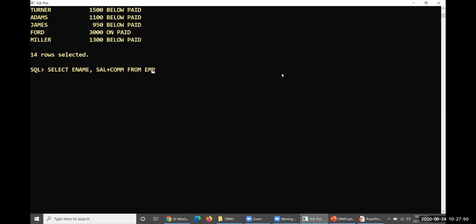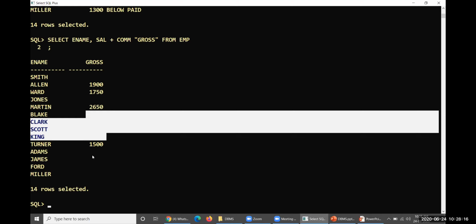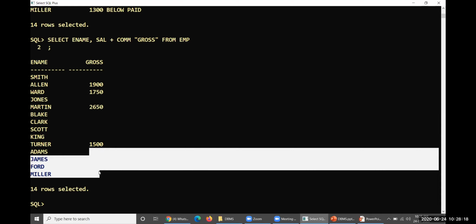Salary must be added together with commission. Let me put my own alias name, gross salary, from EMP. If I put something like this, you could see that null values are displayed. All these are null values.